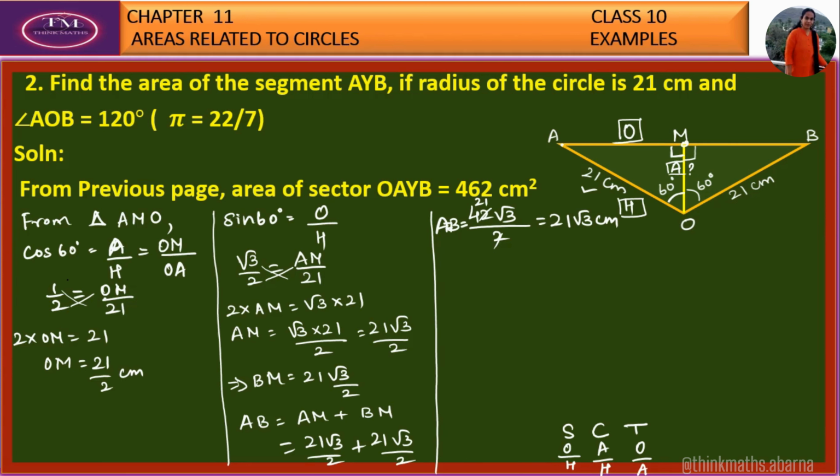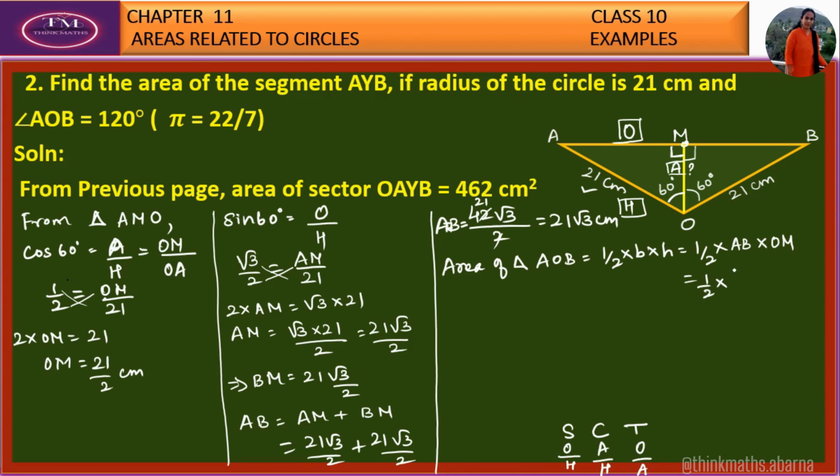So we found out the value of the base and we found out the value of the height. So area of triangle AOB is equal to 1 by 2 into base into height. So 1 by 2 into base AB, height OM. So 1 by 2, what is AB?